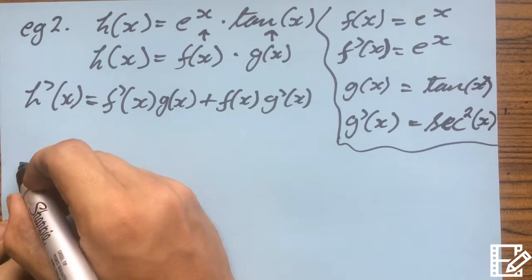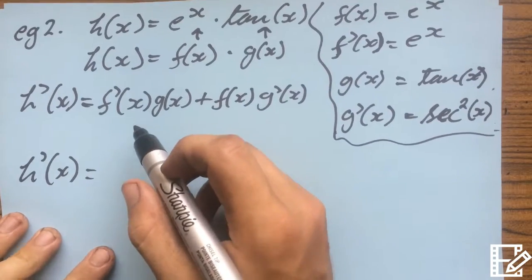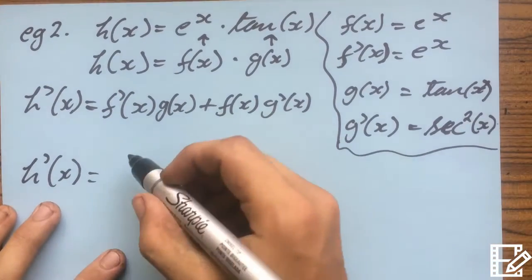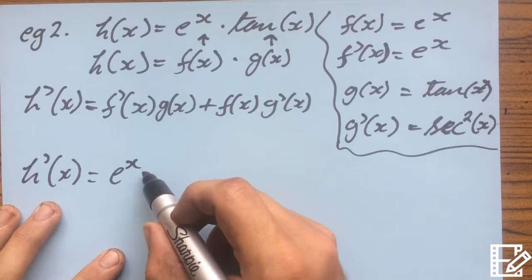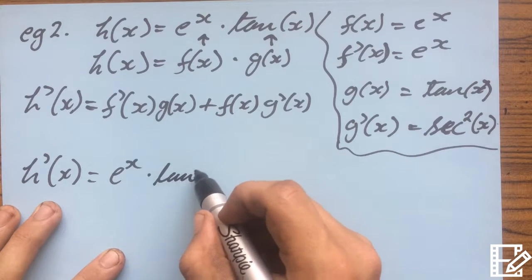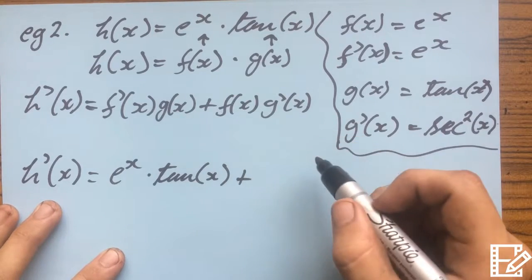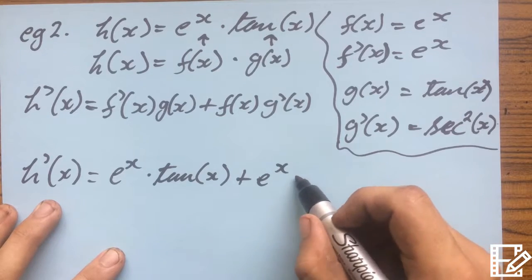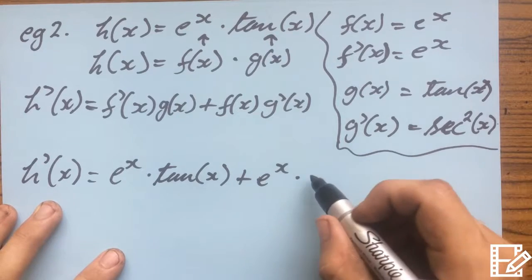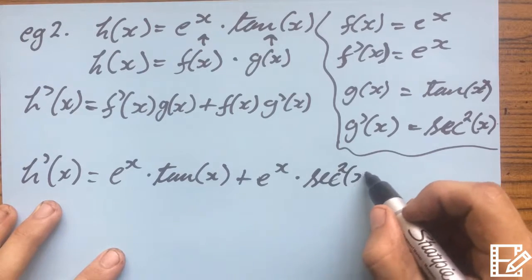So if we were to rewrite this out, we'd end up with f dash x, which is e^x, multiplied by g(x), which is tan x, plus f(x), which is just e^x, multiplied by g dash of x, which is just sec squared x.